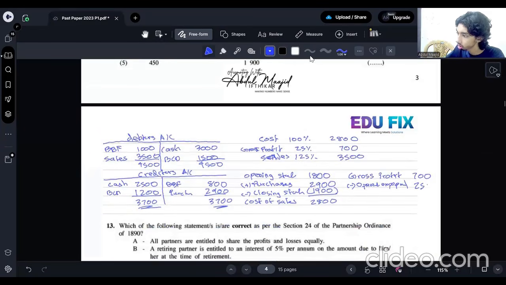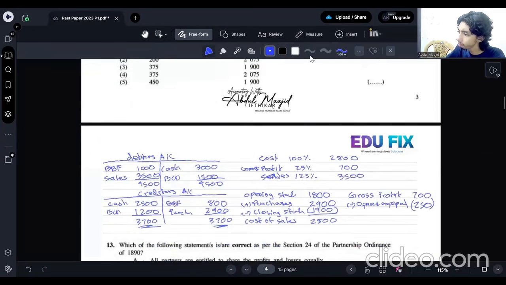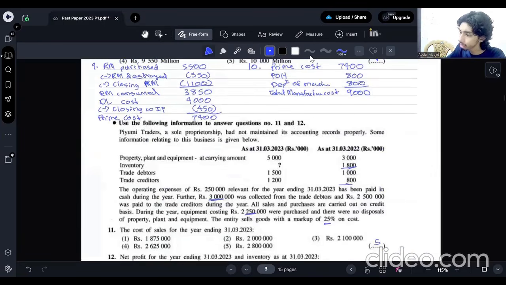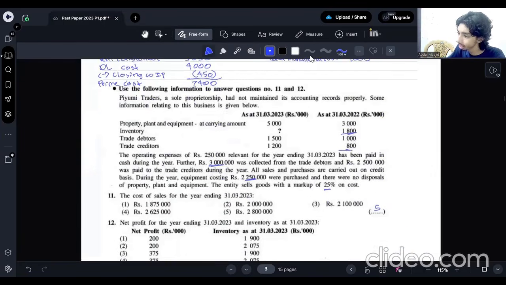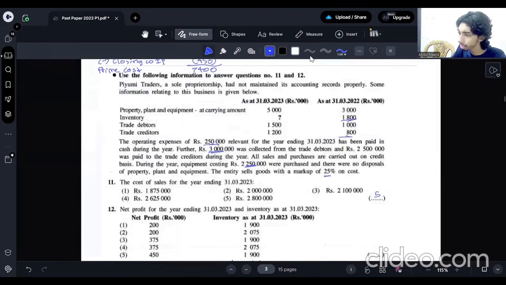Now we have PPE, for which we will have to provide depreciation. Do you think this operating expense paid amount includes depreciation? No, because they are saying operating expense paid, the amount of expenses paid in cash. Depreciation we don't pay in cash. It's a non-cash expense, so depreciation is not included in this.